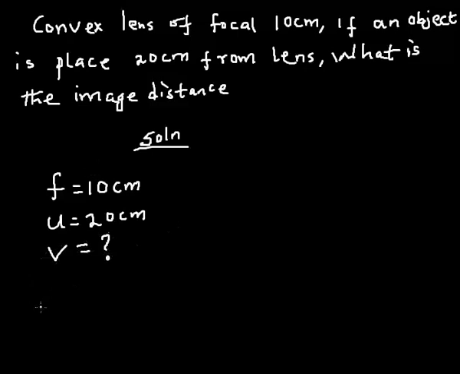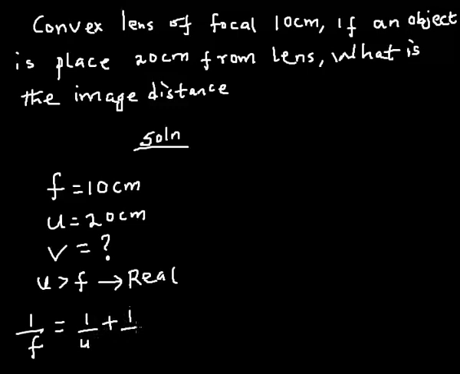Seeing that the object distance is greater than the focal length, that means the image is real. So we apply the formula 1 over f equal to 1 over u plus 1 over v.